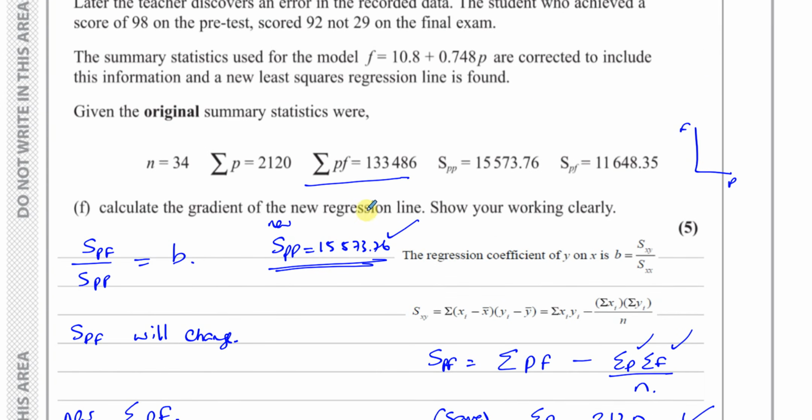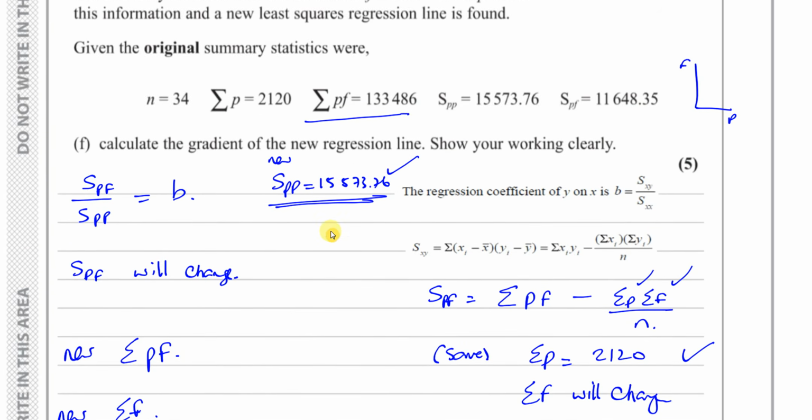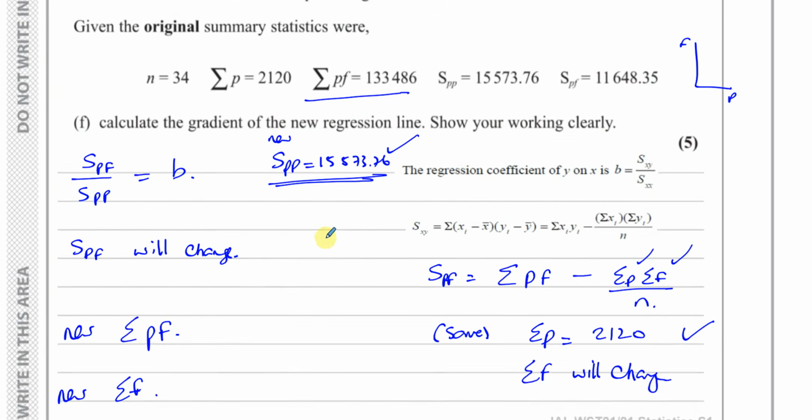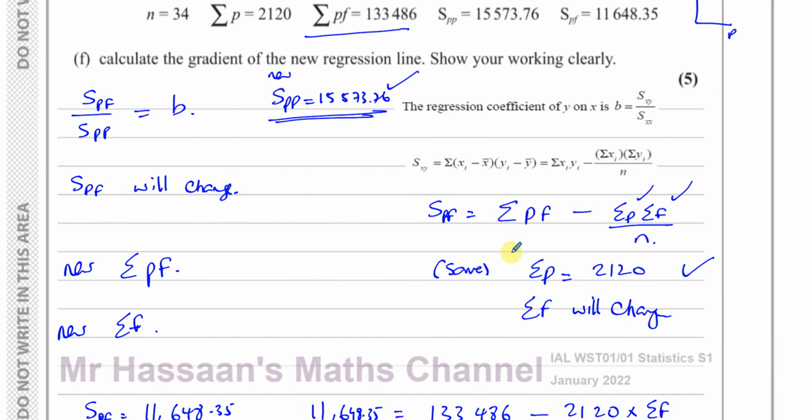So that last one is a bit involved here, but I hope that was clear. Because we need to find the value of B, we need to have SXY, which is SPF basically, over SX, which is SPP.